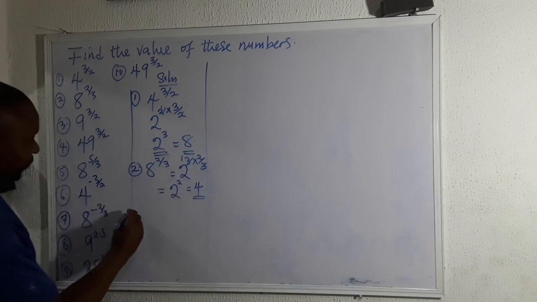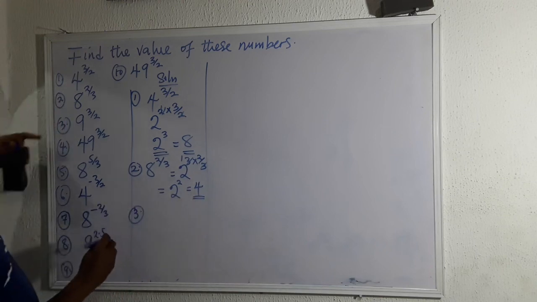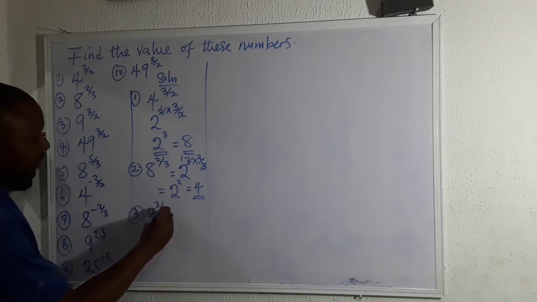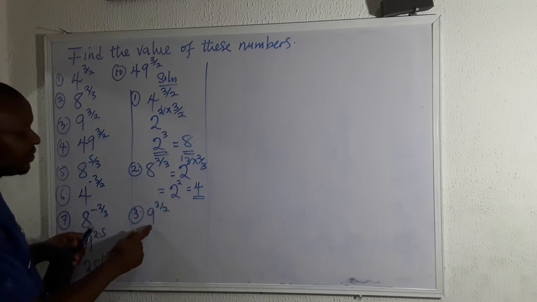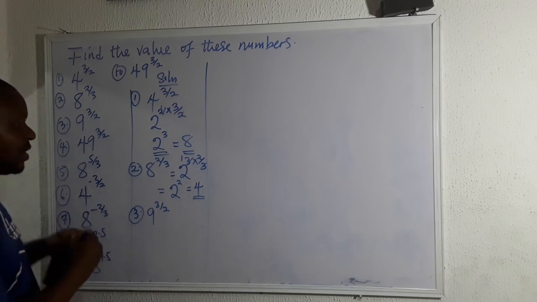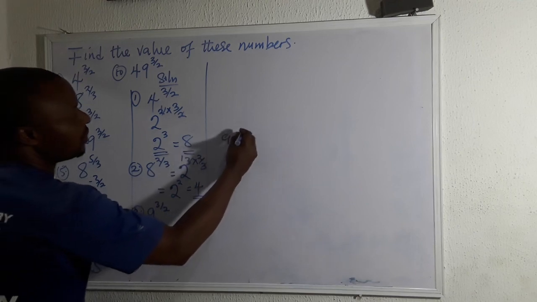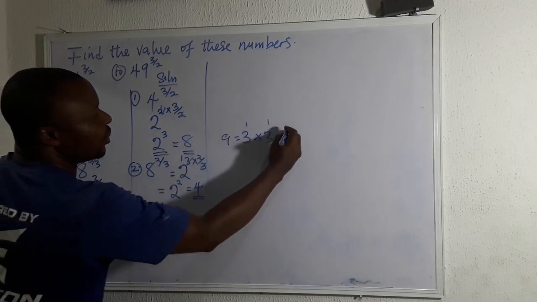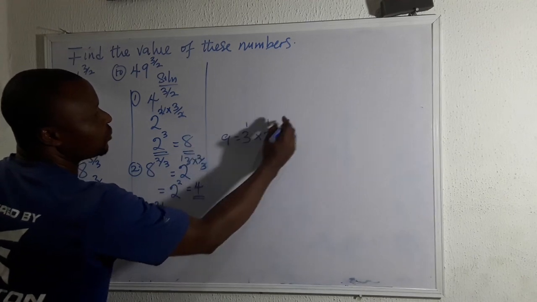Now, question number 3, we have 9 raised to power 3 over 2. The same thing, we're going to express 9 to the base of 3. So 9 is the same thing as 3 times 3, which is 3 raised to power 1 plus 1, and that is 2.